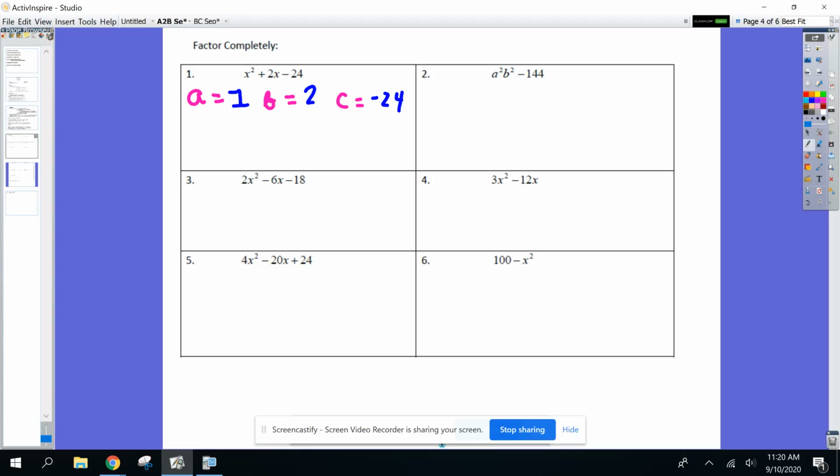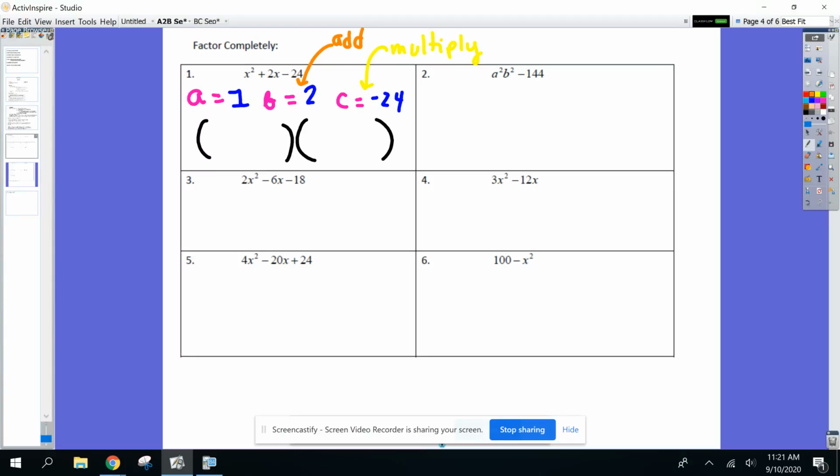How am I going to factor this one? You've got to remember back in 9th grade, you played a little game: 2 numbers that multiply to C, but at the same time add to B. That's what I'm going to ask one of you to do right now.